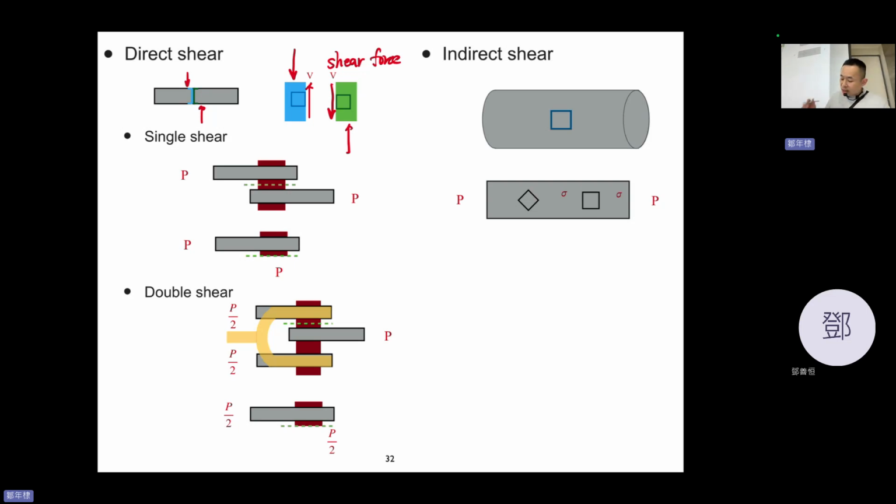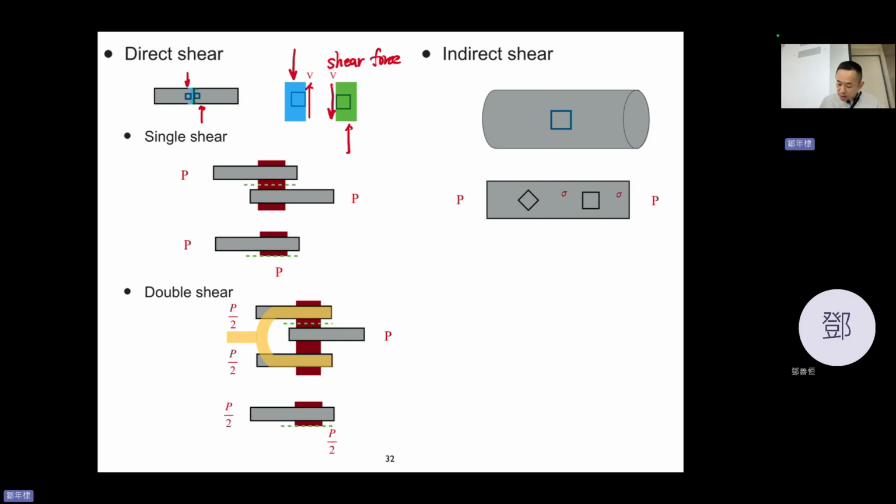So if you plot a block before the shear, it is a square. Before the stress, before the shear, this is a square.